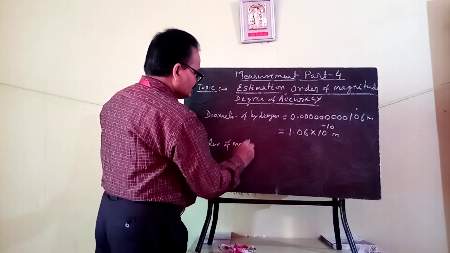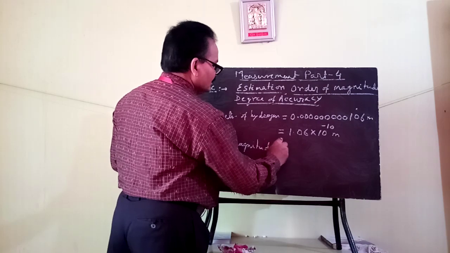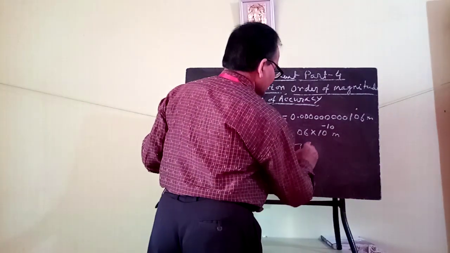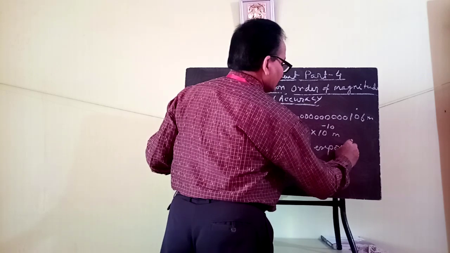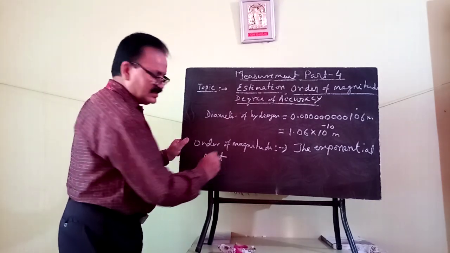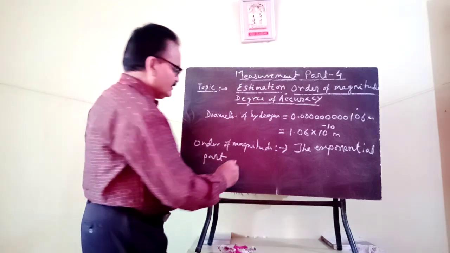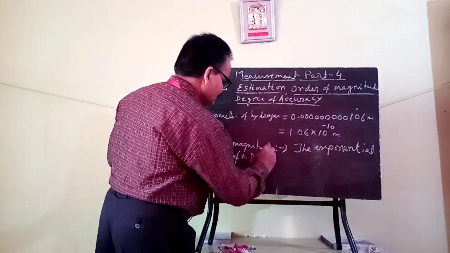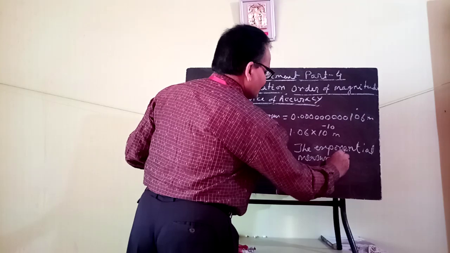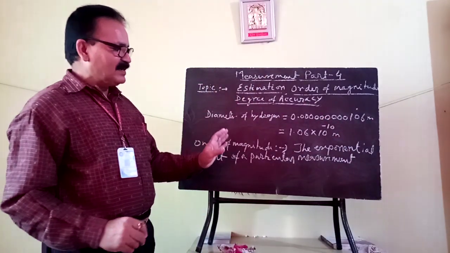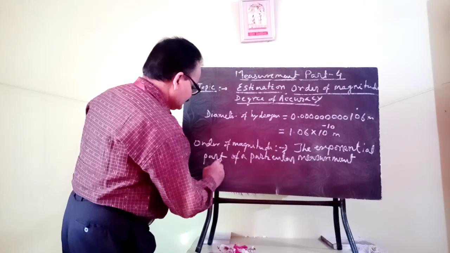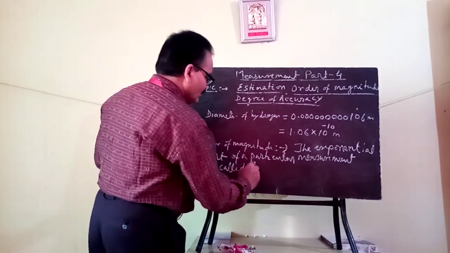Order of magnitude means the exponential part of a particular measurement, which may be positive or negative, is called the order of magnitude.